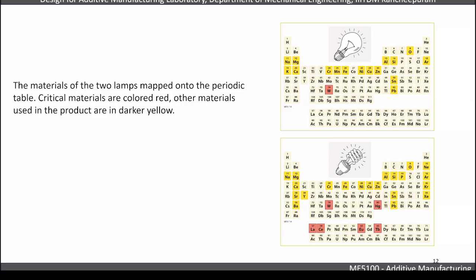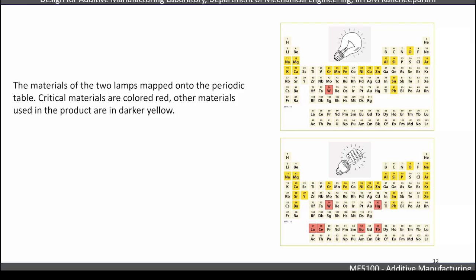Which is the very important material that he used, the critical material. You can see this is the only critical material that has been used in the bulb from 1920 to 2020, almost one complete century, right?